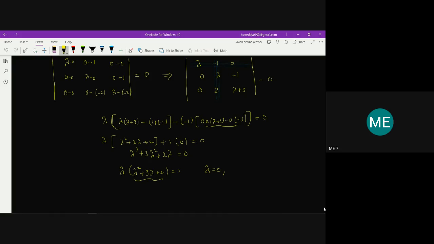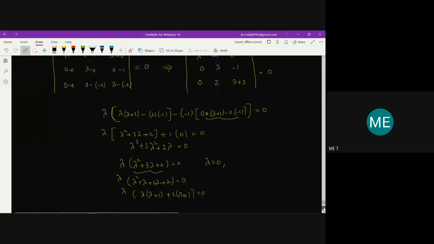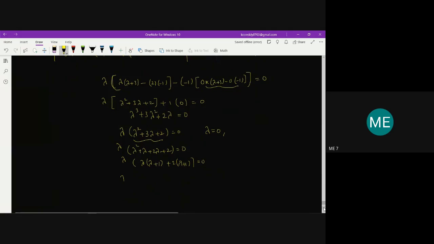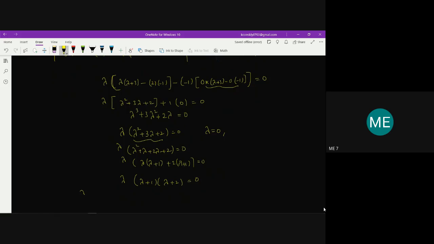So I can write lambda square plus lambda plus 2 lambda plus 2 equal to 0, which is lambda into lambda plus 1 plus 2 into lambda plus 1. Then we find lambda into lambda plus 1 into lambda plus 2 equal to 0. So lambda 1 is equal to 0, lambda 2 is equal to minus 1, lambda 3 is equal to minus 2. So we have got the eigenvalues.